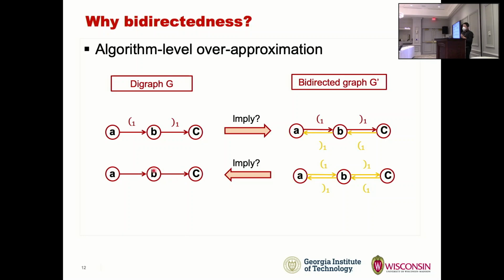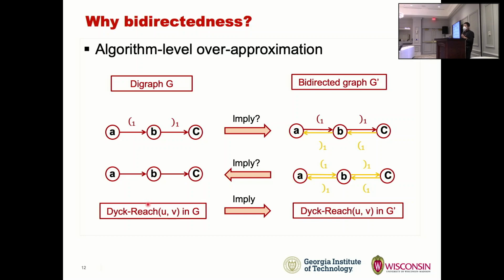And in some cases, these two nodes may not even be reachable. Based on these 2 facts, we can conclude that if we relax a directed graph G to its bidirected variant, this bidirected modeling is an over-approximation of the directed counterpart. I hope that is clear, and we are going to revisit this concept later in the 3rd topic.